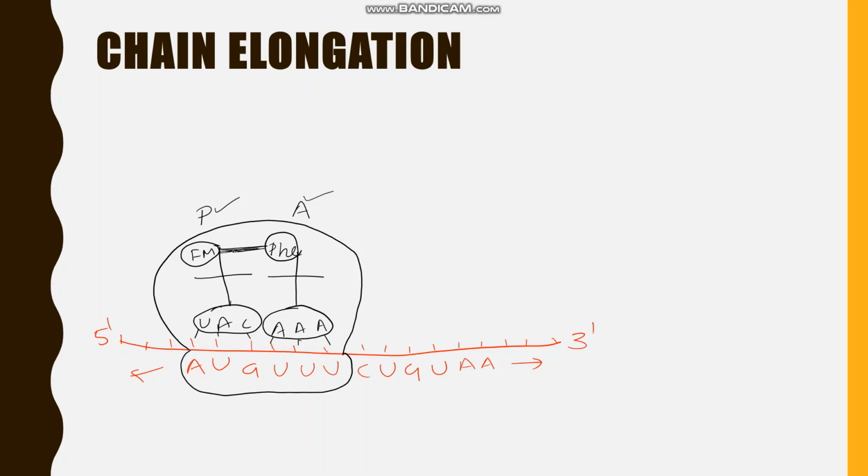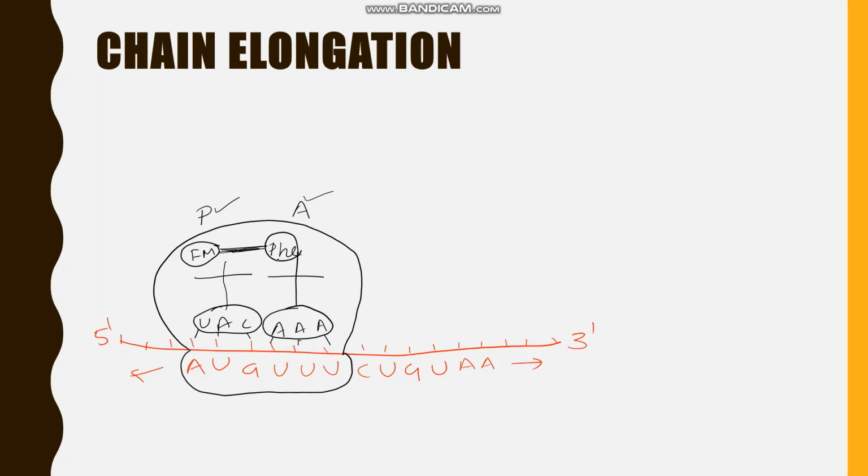This bond is the peptide bond. When there is a formation of peptide bond between the amino acids found in P site and A site, the bond present between the first amino acid and the first tRNA will break. So this bond will break. So this tRNA becomes empty. But the second tRNA consists 2 amino acids.